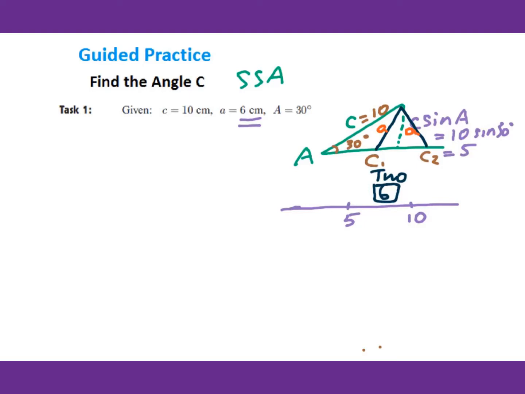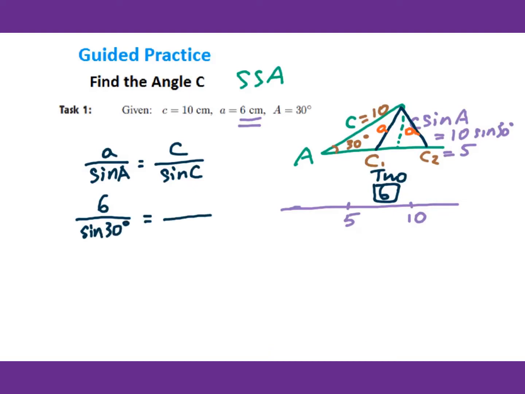Therefore, we got a over sine A equals c over sine C. That's 6 over sine 30 degrees equals 10 over sine C. Then cross multiply.